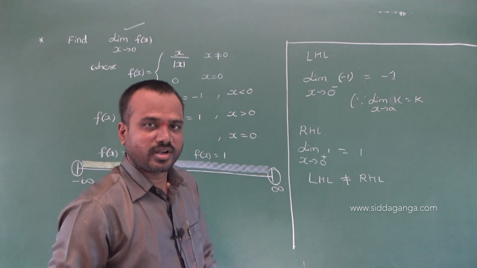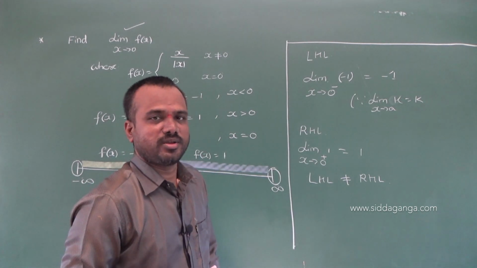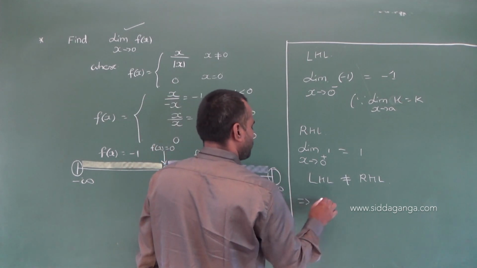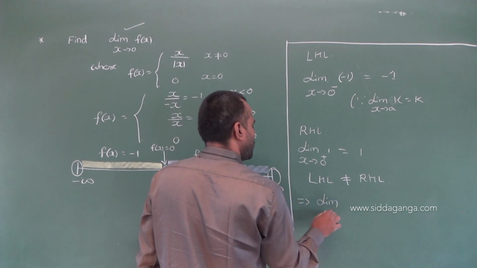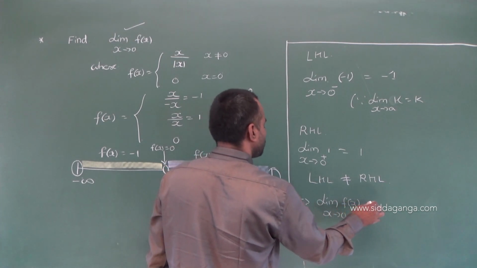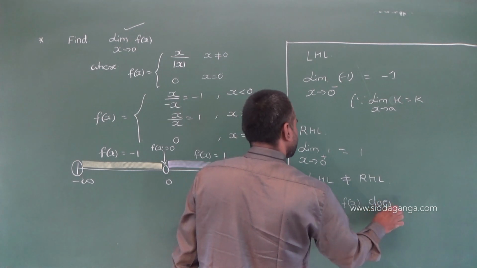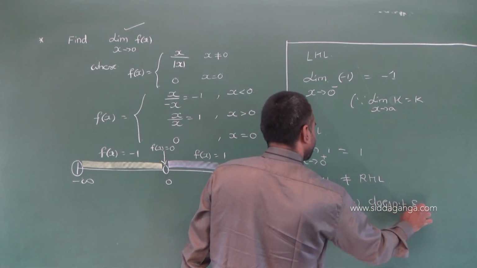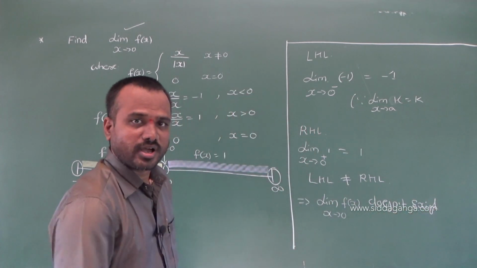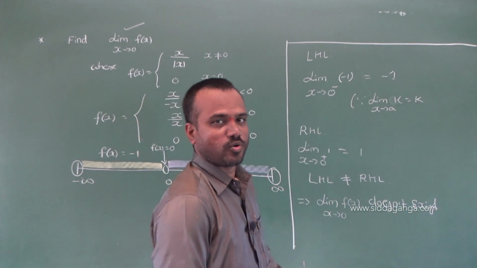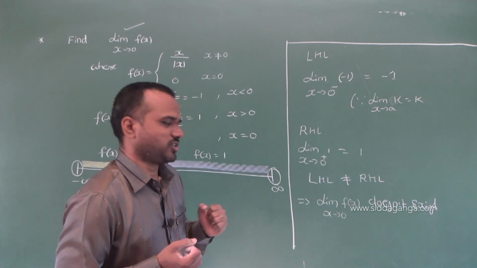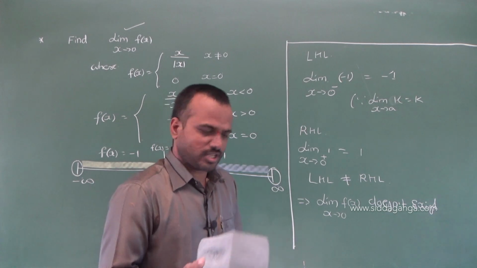That implies limit x tends to 0 of f of x does not exist. Observe this problem. Next problem.